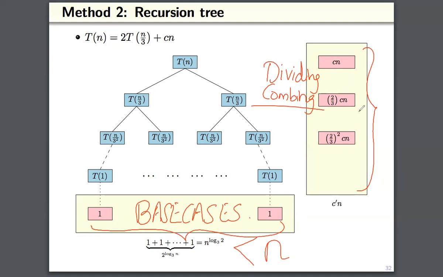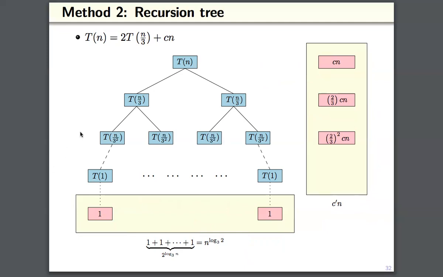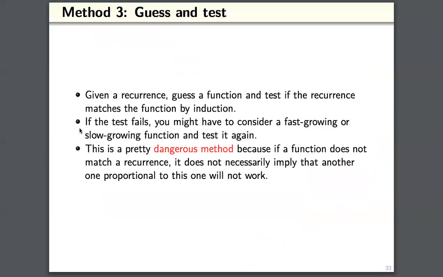So the total amount of computation, if you add all these up, is C dash n, Theta n. But if you add all the base case work, it's less than n. So which one dominates? N dominates. That's it. So this is the recursion tree approach.